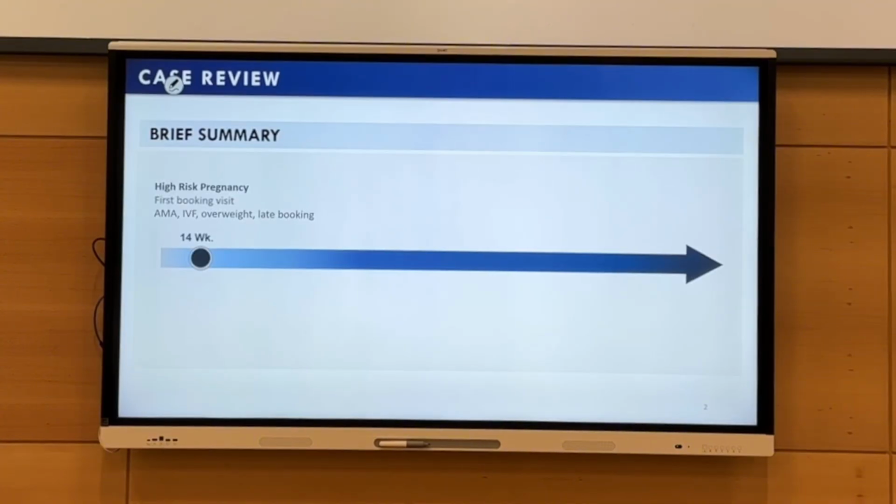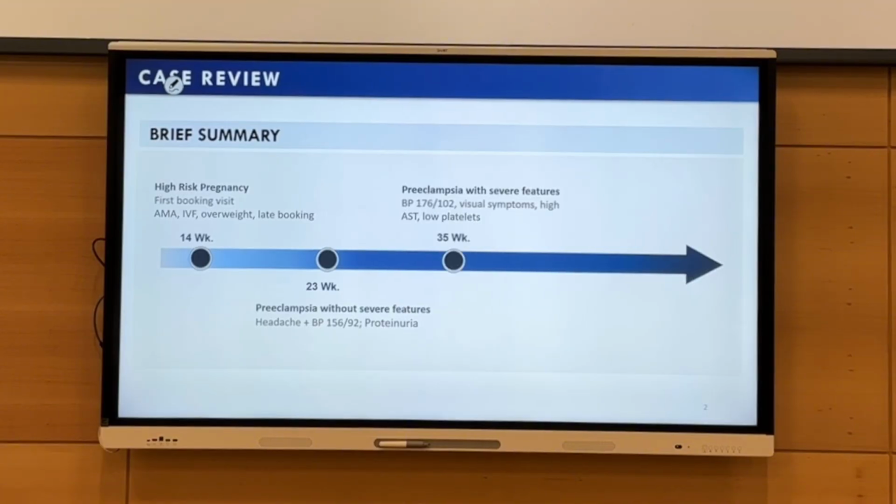So as you mentioned, we had the patient, she came late for her first booking visit. She had advanced maternal age, her pregnancy was achieved through IVF, and she was overweight. Later, she presented with headache and her blood pressure was 156/62 with proteinuria. Accordingly, we diagnosed her with preeclampsia without severe features and she was managed with oral antihypertensive.